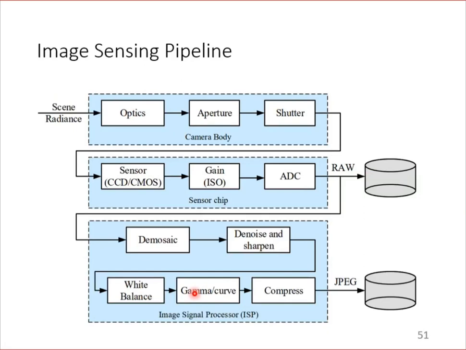Your device, for example your cell phone, implements a certain demosaicing algorithm, but the manufacturers never told you which one they use. And then they either denoise or resharpen the image. And then there is also white balance.